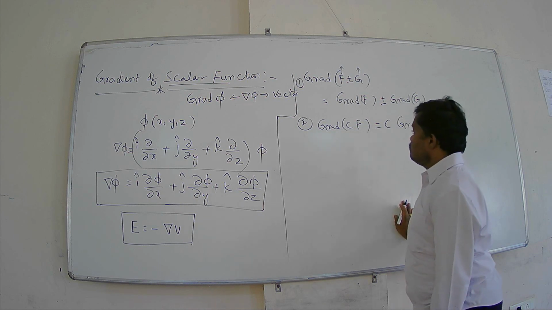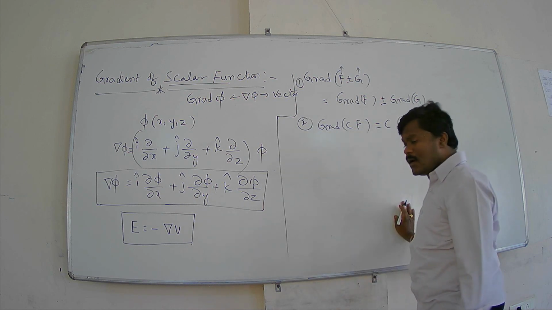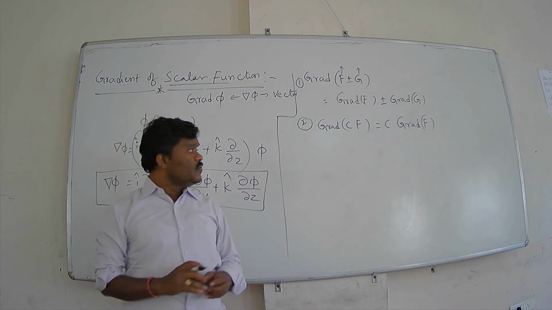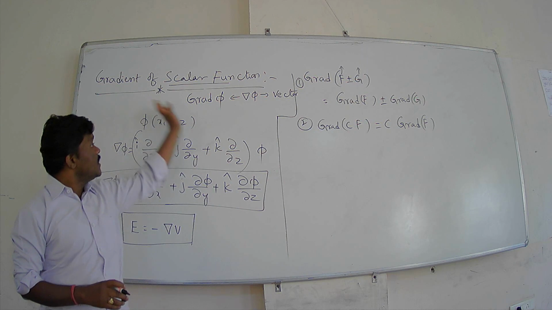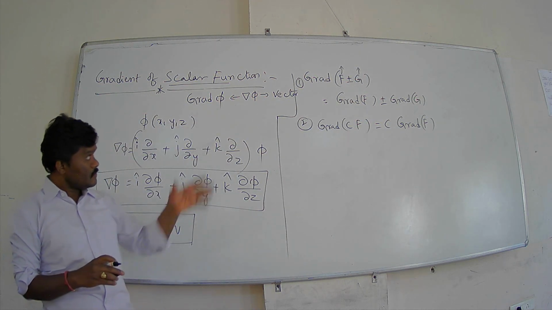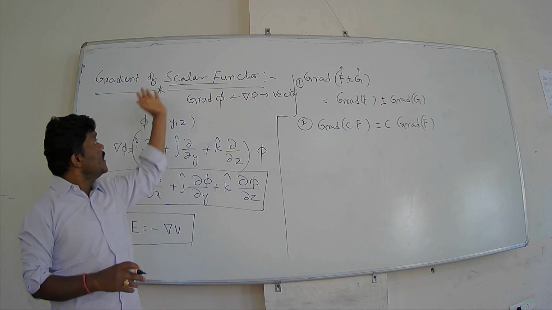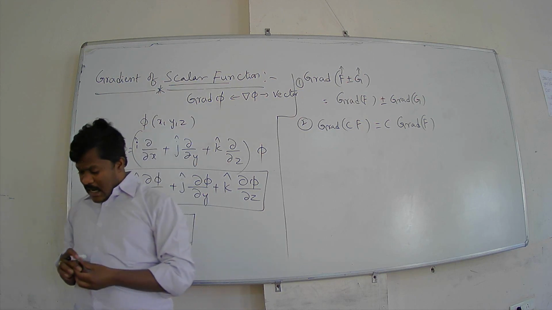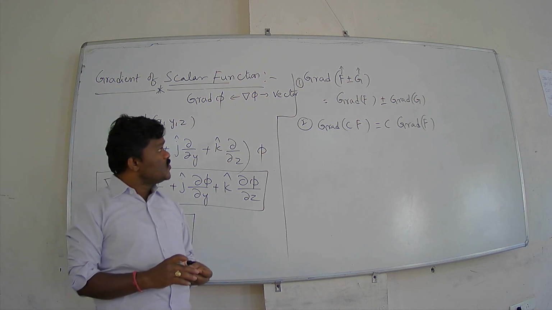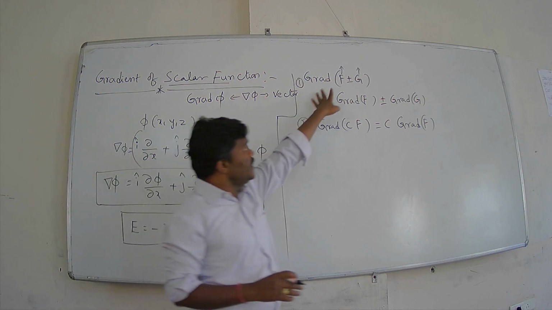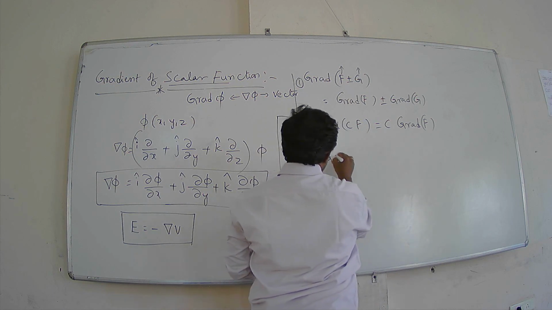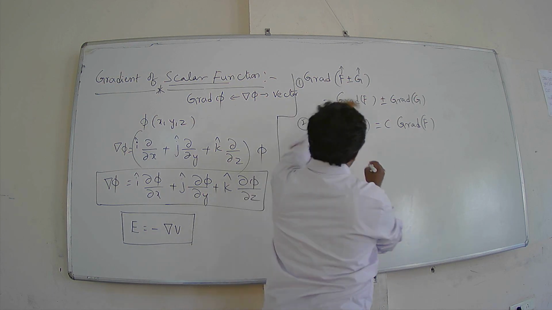Like that you can have many properties, from which you can find the different properties of the gradient of the scalar function. There are also other properties. We have taken f plus or minus g, and here you can take the gradient of f into g.